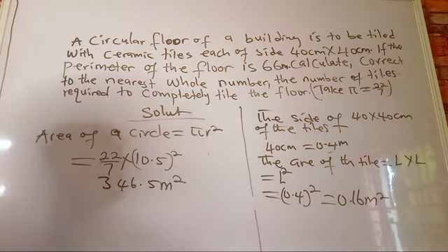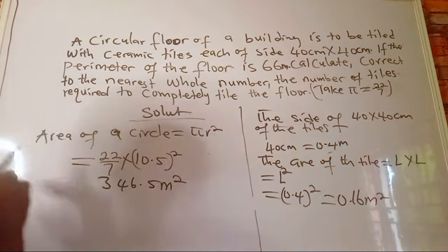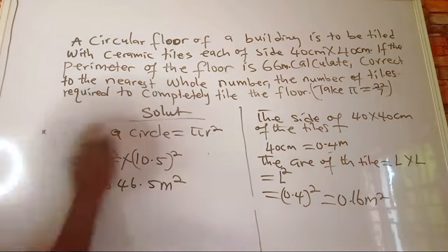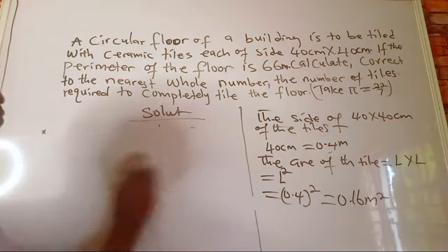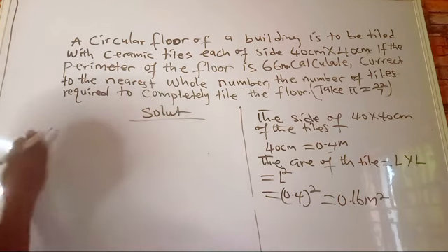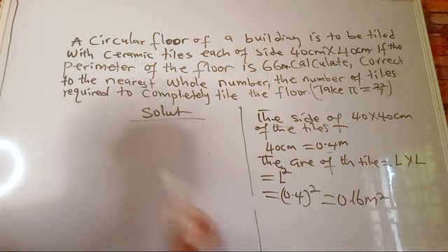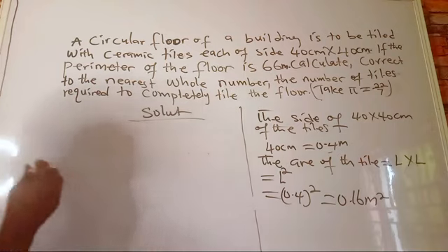So now we know the area of the building, and we also know the area of the tile. How many tiles are they going to use in the building? For you to know that, you divide the total area of the building by the area of one tile.